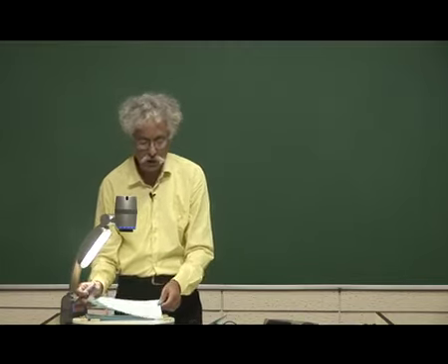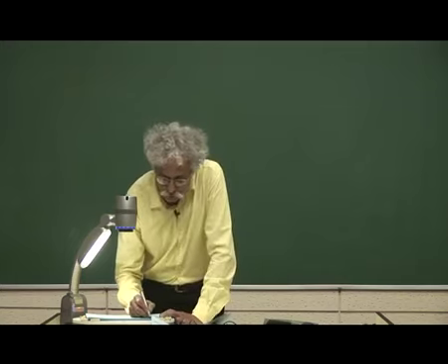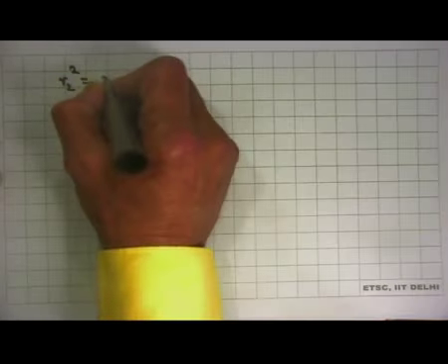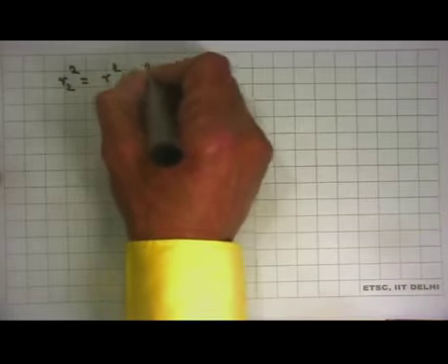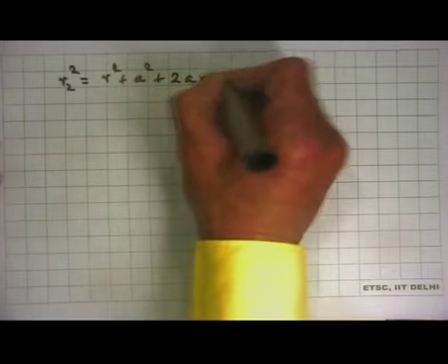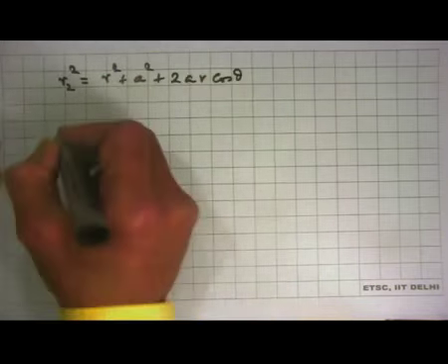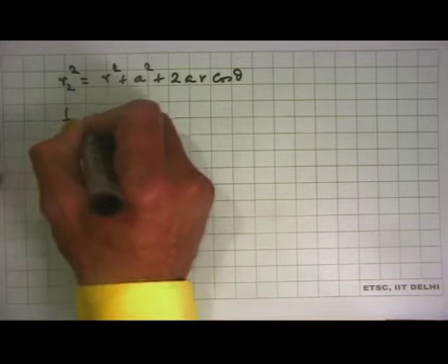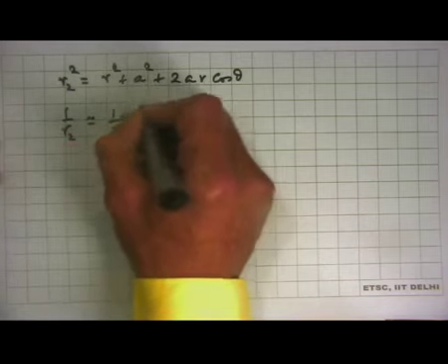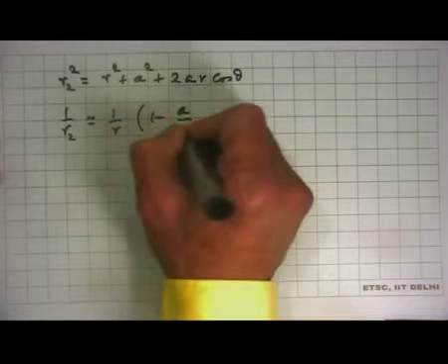Similarly, I can make an approximation for r2 square. So, r2 square was equal to r square plus a square plus 2ar cos theta. I leave the exercise to you. You can show that 1 by r2 is approximately 1 by r into 1 minus a by r cos theta.